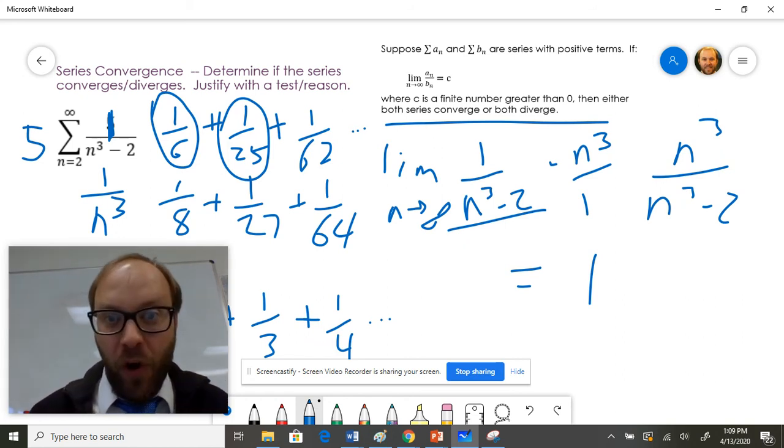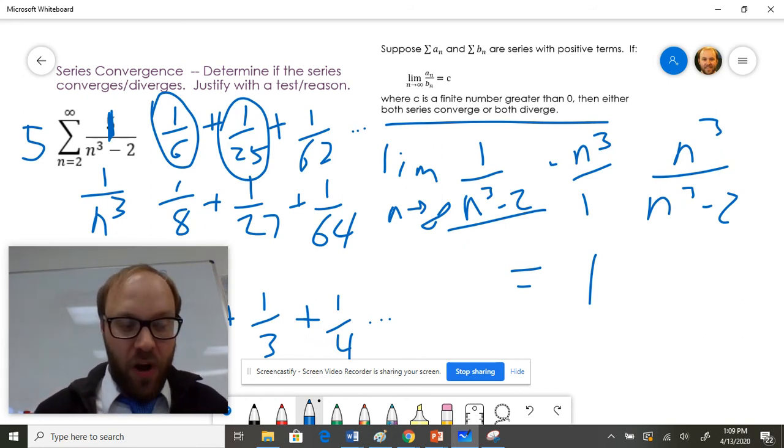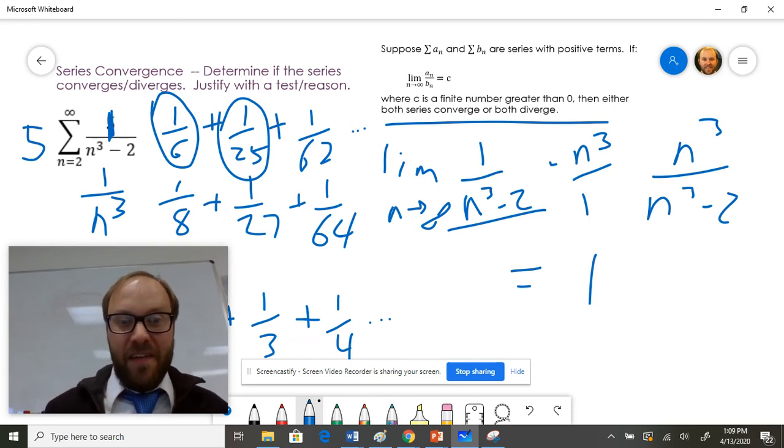If I had 4 as a constant, that's 4 over 1. That's just saying the numerator is behaving the same way as the denominator as you go really far out, except it's 4 times as big. But the point is, in the end, one is basically just behaving like a multiple of the other, which means their convergence should be the same. Either they both converge or they both diverge, all right?